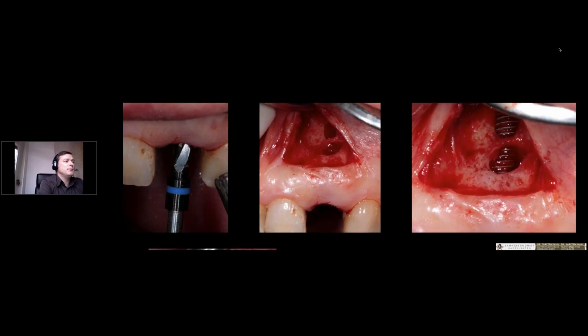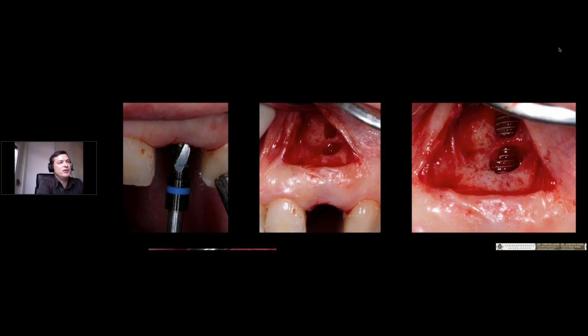Then we make the drilling. You see, we have a very good bone situation at the top, and we have no bone at the apical side. And also, you see the axis. We come with the apical part of the implantation outside of the bone, but it's no problem. This is a very easy case to cover. We put some human bone on it and cover it with a membrane.